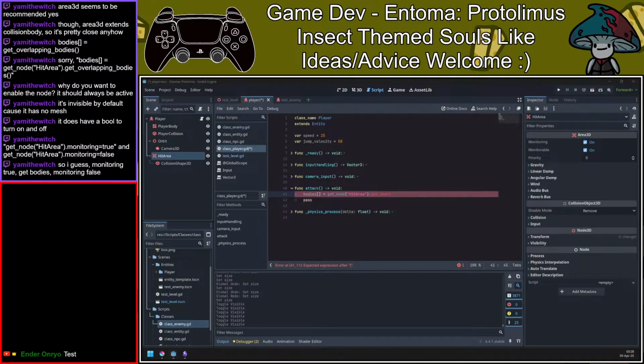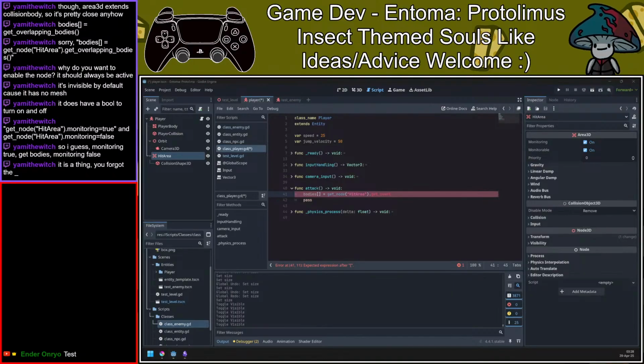Although I should learn by now that Godot doesn't care if something does or does not exist. Yeah, because nope, no documentation. It doesn't exist, but it still does exist.